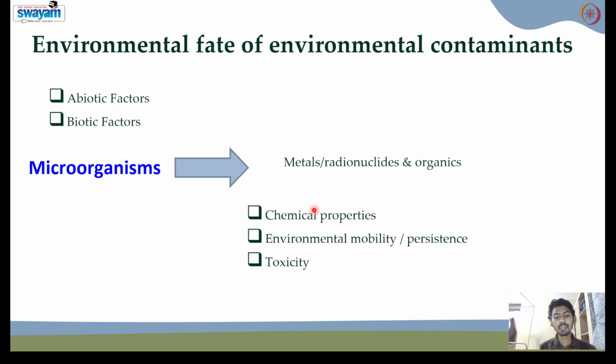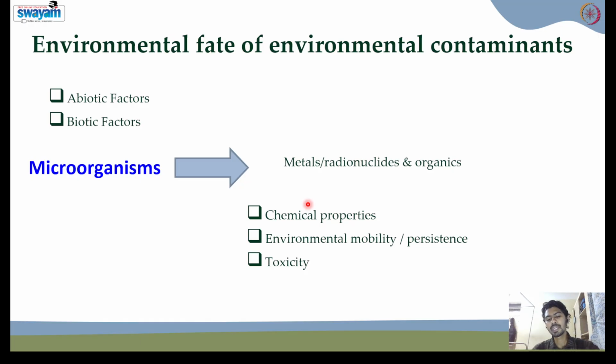One is their chemical property: the chemical structure, the charge, and factors like the pKa value and the pH of the particular pollutant in the environment. It all determines the degradation or progress of the bioremediation process, and also their environmental mobility or persistence. So it also depends upon how they react or are present in the environment.